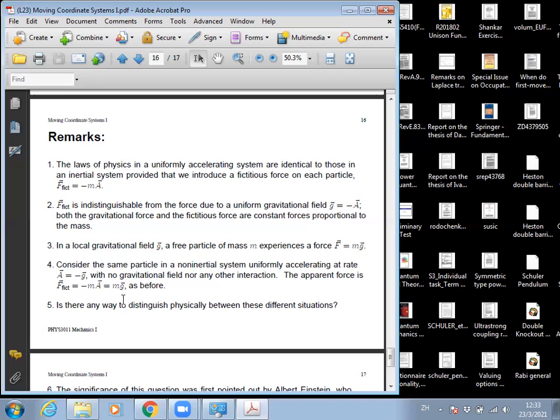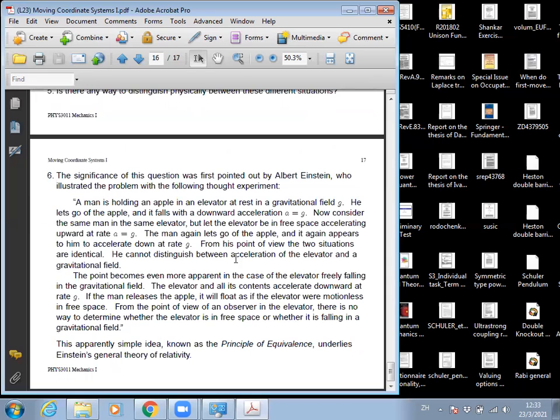So is there any way to distinguish physically between these two different situations? The answer is no. All right, this is a very important principle in the general theory of relativity. There is no way to distinguish the two scenarios.